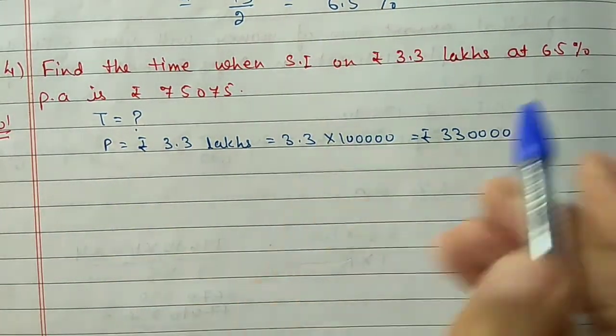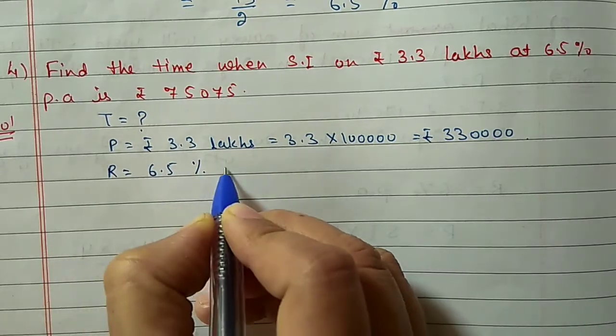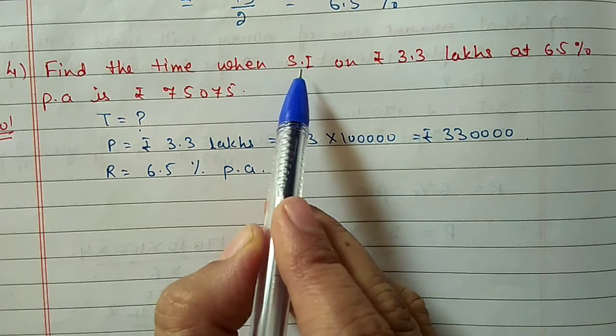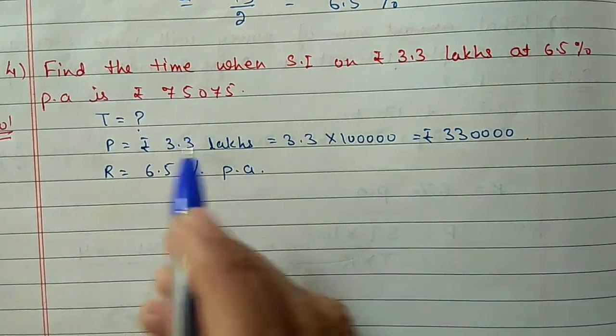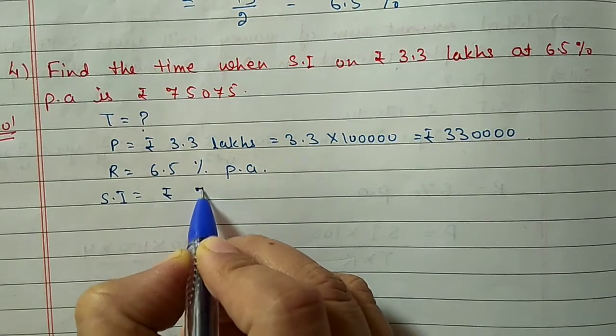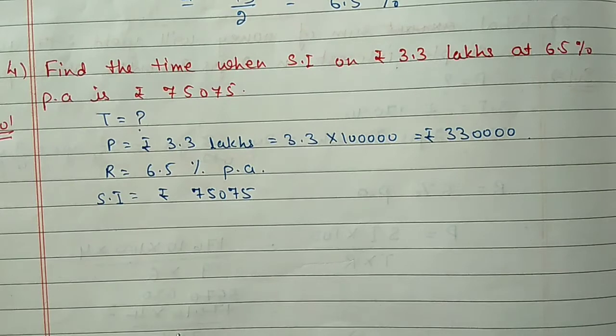Next, the rate of interest is given, 6.5% per annum, and the simple interest on this amount is 75,075 rupees. Now we have to find out the time.